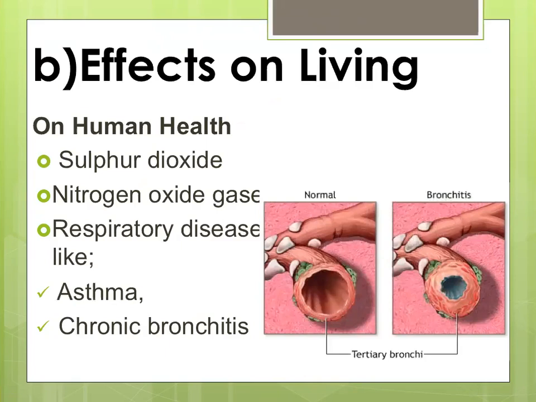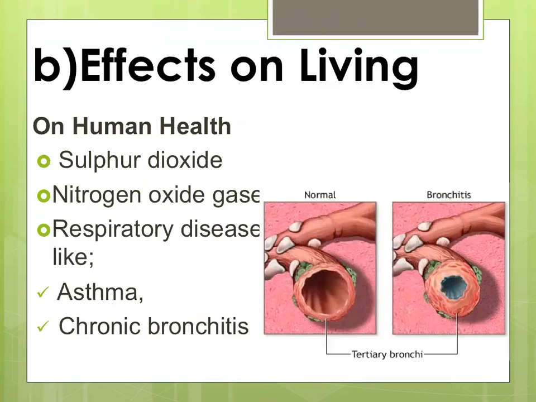appear with the passage of time, whereas asthma, as we all know very well, is a condition in which airways narrow or swell and produce extra mucus. This can make breathing difficult and trigger coughing, wheezing, and shortness of breath.